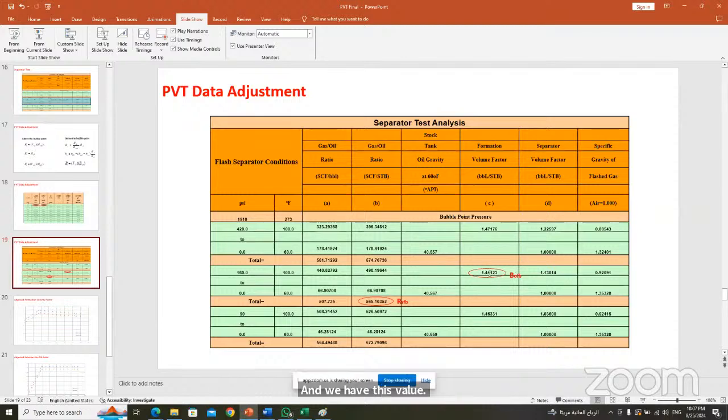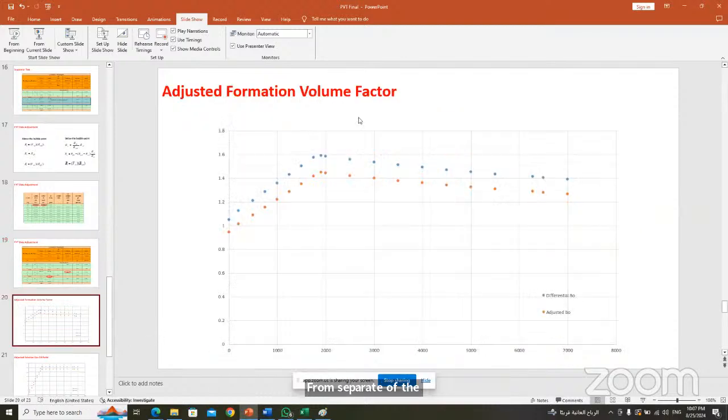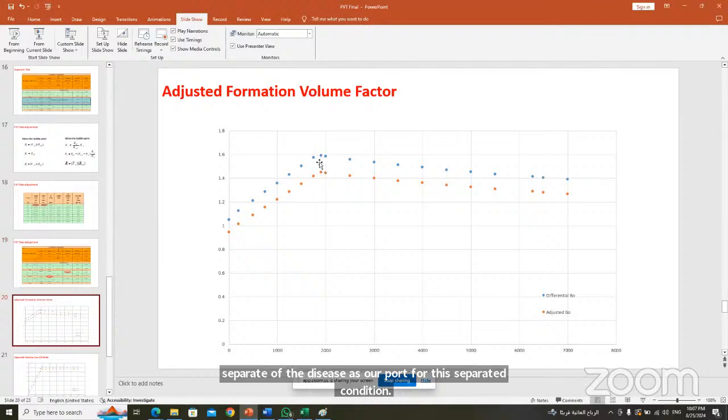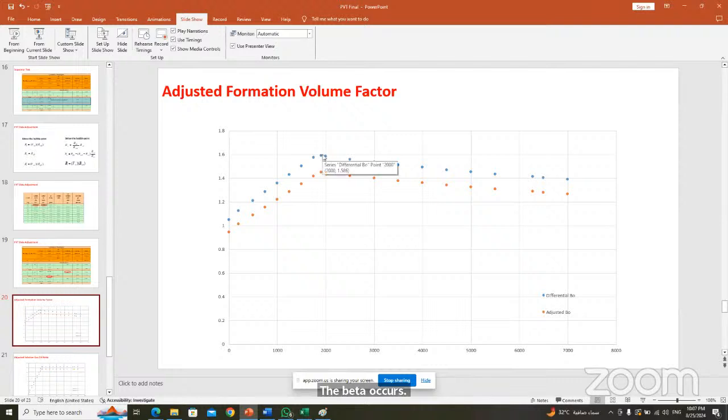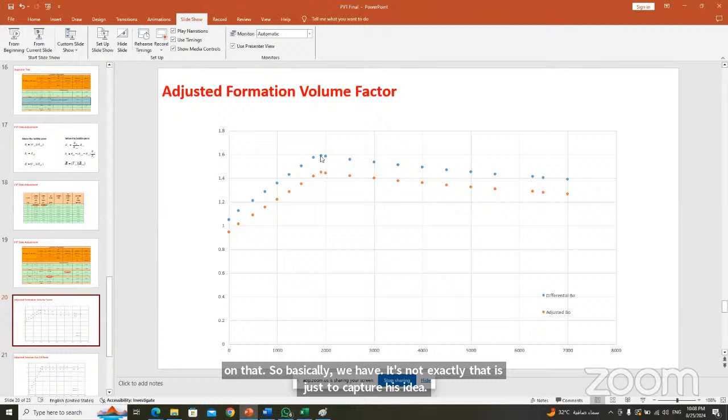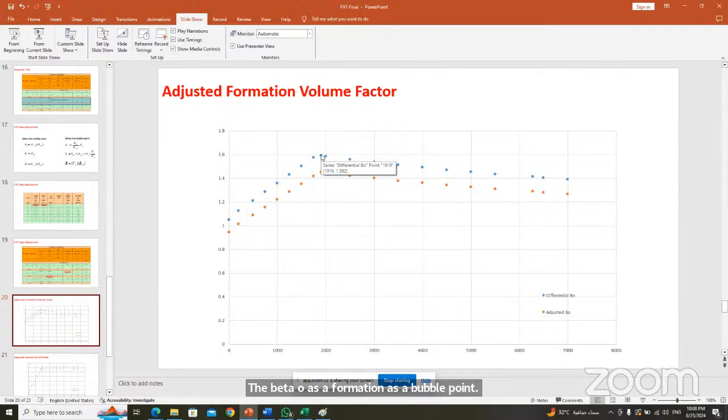This represents the beta O at the bubble point for this separator condition. So we shift the beta O curve based on that. It's not exactly that, but it's just to capture the idea. We shift the beta O at the bubble point, instead of having 1.59 for the optimum conditions, this value will be 1.45. So we make a correction or adjustment factor and just shift the whole curve. So we have the adjusted beta O curve.